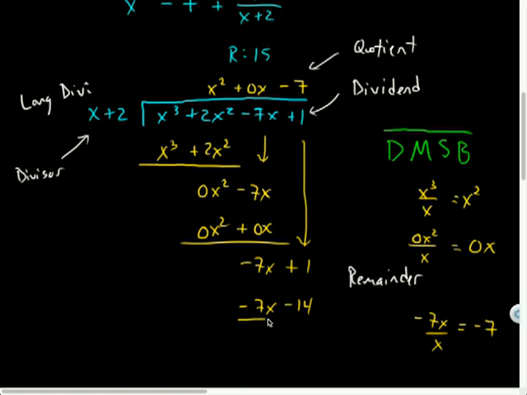And let's see the subtract step. We technically could cheat since we already did the work on a previous example. But what do you suspect this is going to be? Right, because 1 minus a negative 14 becomes plus 14, which is positive 15. And that is the remainder that I was talking about.